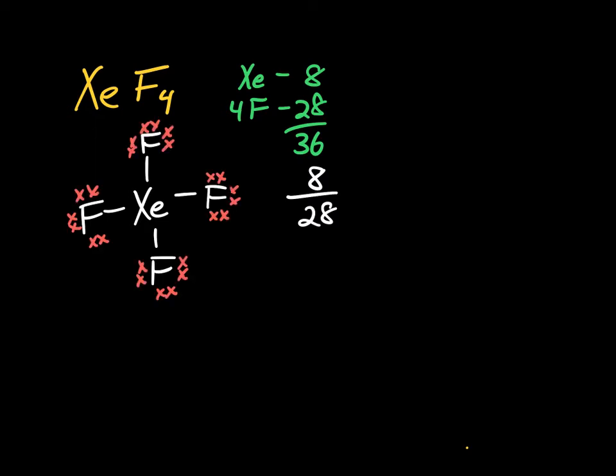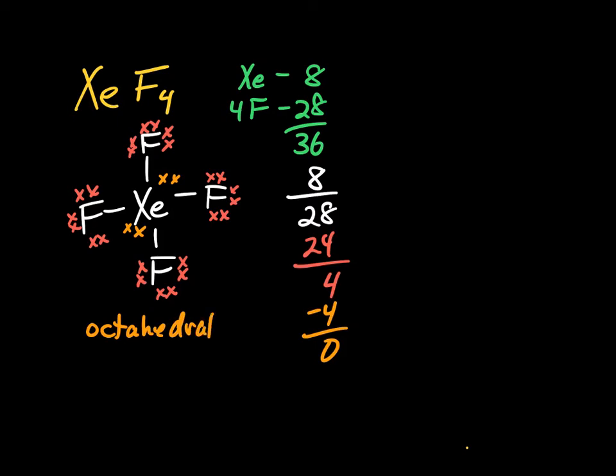When we distribute them around the fluorines, that accounts for 24, leaving us 4 left. Those have to go around the central atom, giving us 6 regions of electron density, making this octahedral.